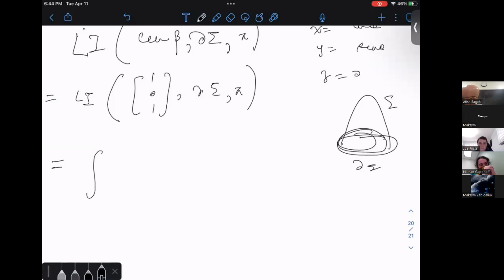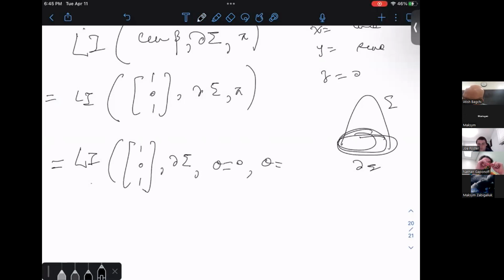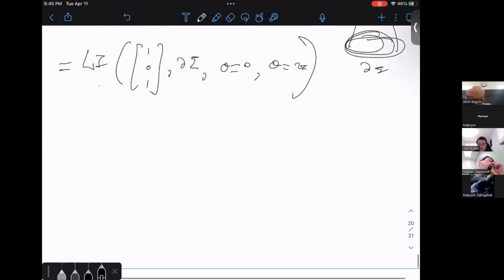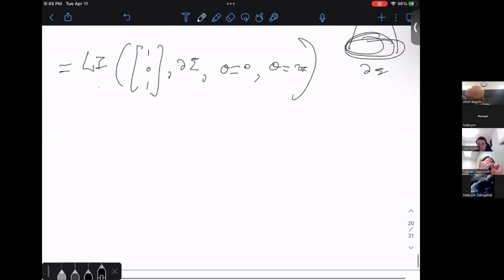So this would be the line integral of 101 dot del sigma from the initial point to the final point. The initial point would be theta equal to 0 and the final point theta equal to 2 pi.